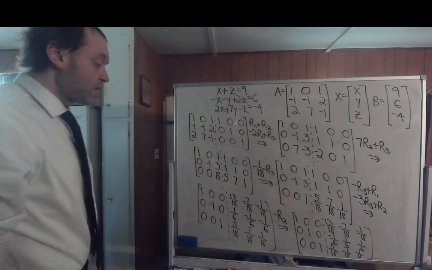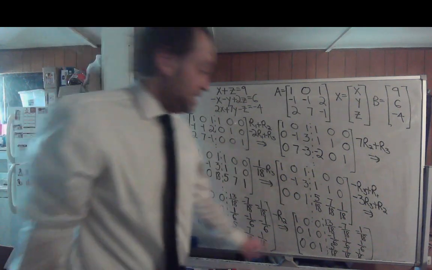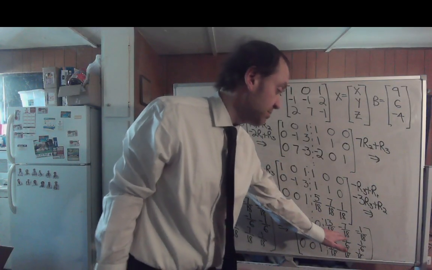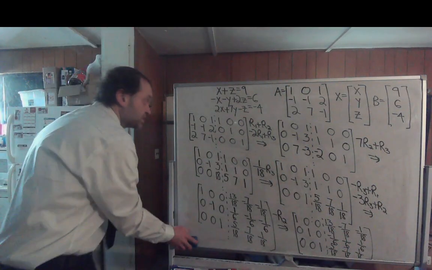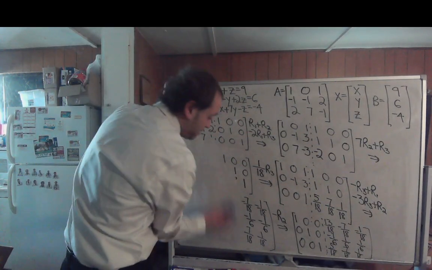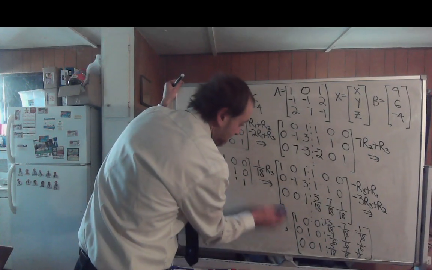I know, it's awful, but we now have the identity matrix on the left, which means everything to the right of the augmented line is your A inverse. So let's go ahead and erase everything before that, and we'll set up our inverse matrix.